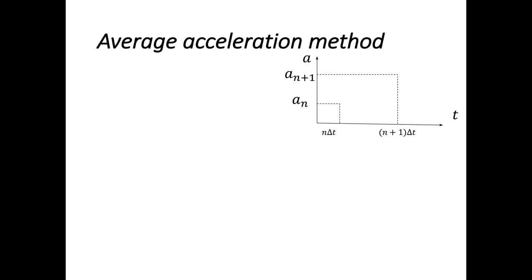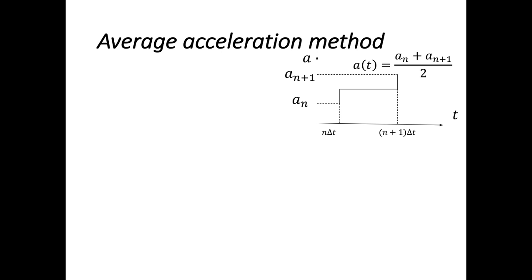Firstly, we're going to assume how the acceleration changes from n to n plus 1 in this small time interval of delta t. The most simple way to consider that: between the n step and the n plus 1 step, the time interval is delta t, and the acceleration is taken as their average.